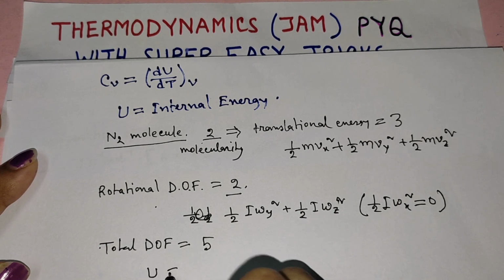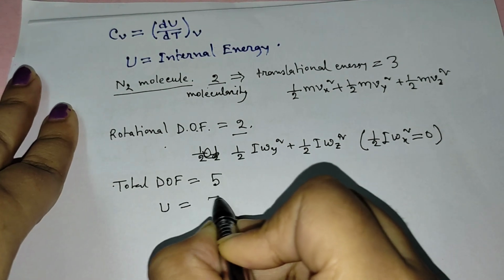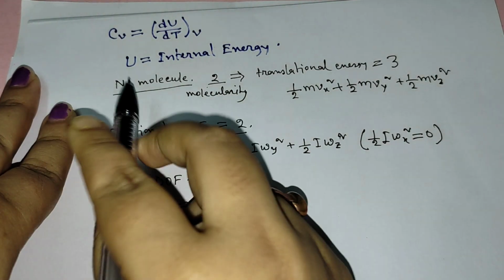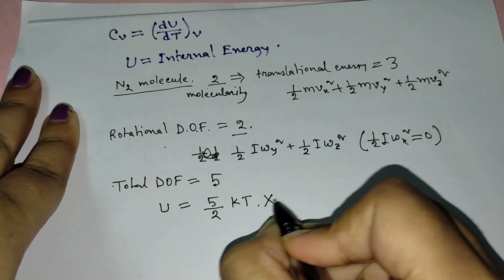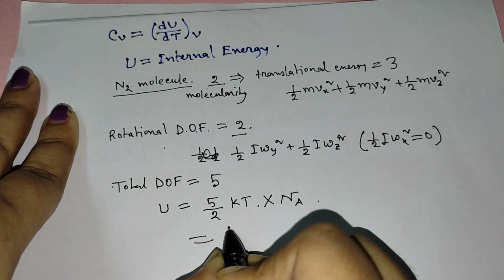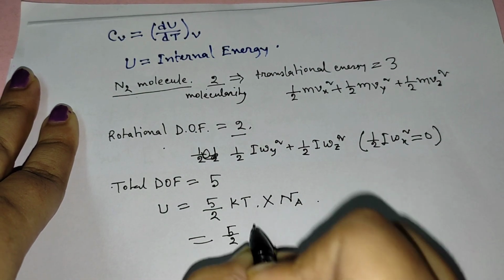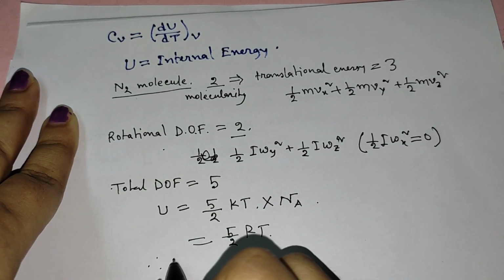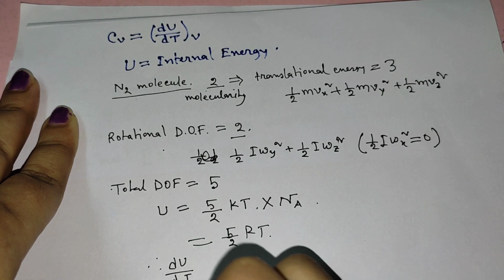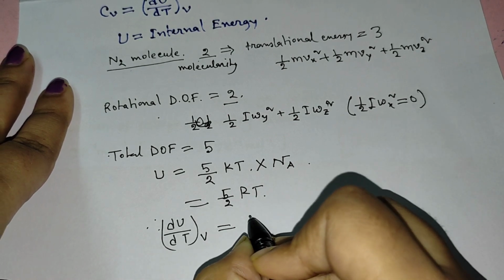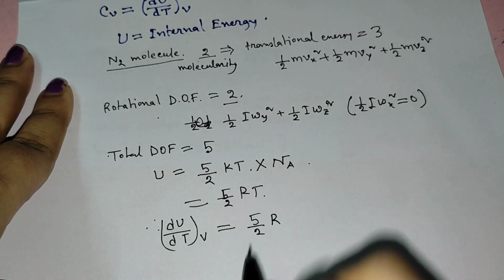So U is equal to 5/2 kT, and this is per nitrogen molecule, so multiplied by N, the Avogadro number, is equal to 5/2 RT. Therefore, dU/dT at constant V is equal to 5/2 R. What is the value of R?